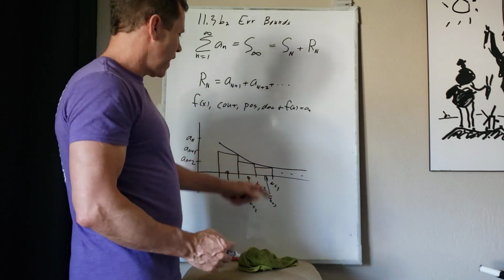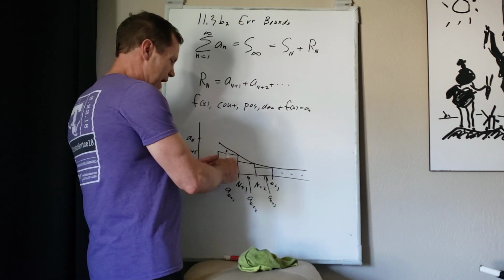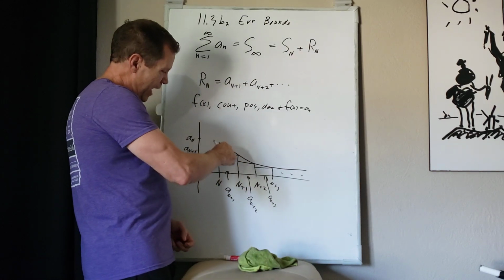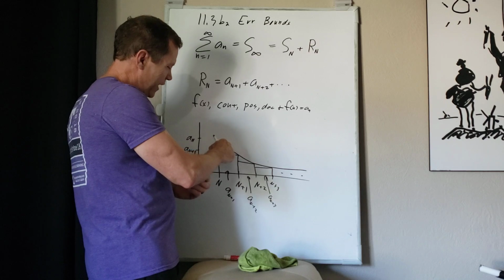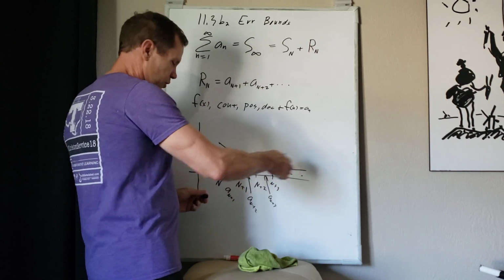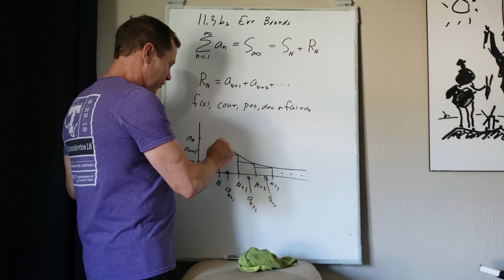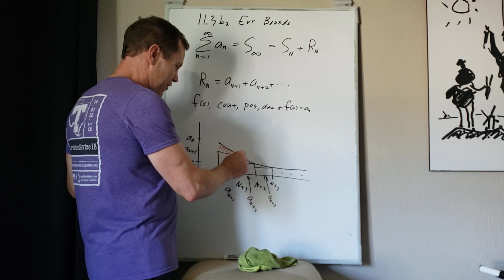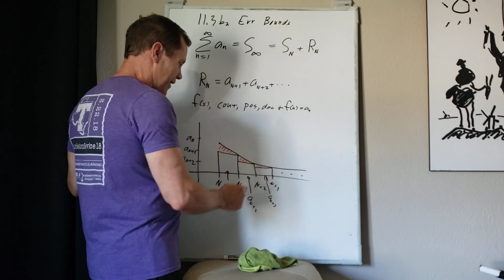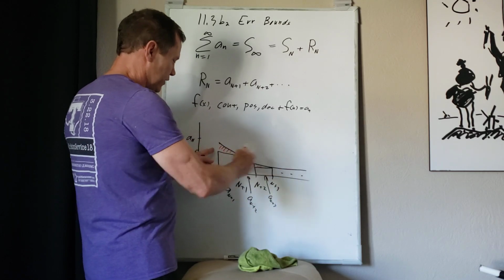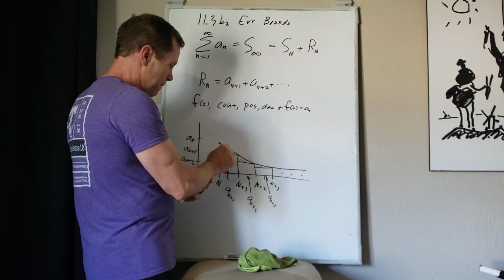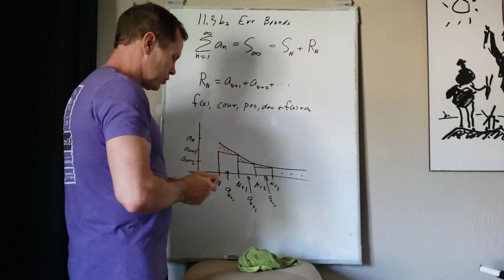Now if I added all these boxes up, what we know about the addition of all these boxes is that the area underneath this curve from n to infinity is bigger. The integral of this function is going to give you this whole area, but it's bigger than the boxes by this much. So what do we know?